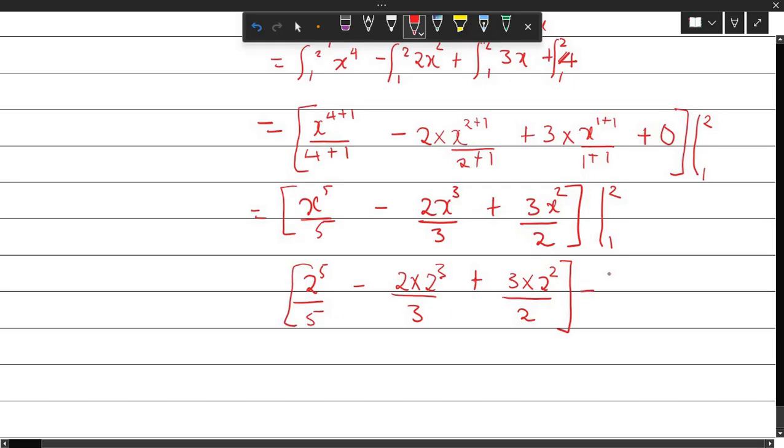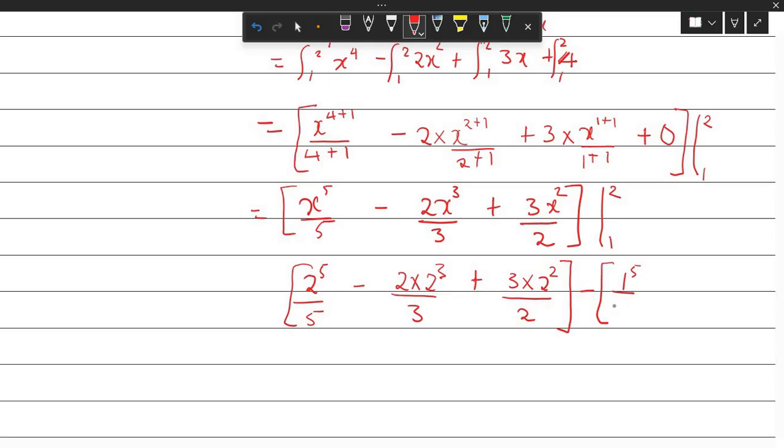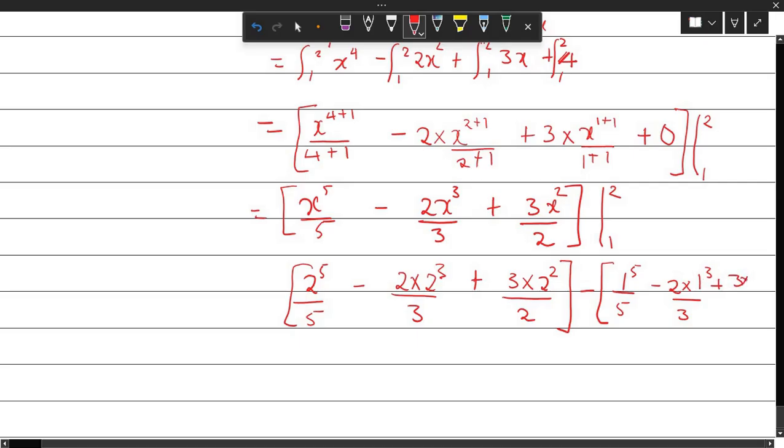Then we subtract. Now we are putting the lower limit. The same equation, this one we put the lower limit now. So where there is x, we say 1 to the power 5 over 5, okay, minus 2 multiplied by 1 to the power 3 over 3, then plus 3 multiplied by 1 squared over 2.